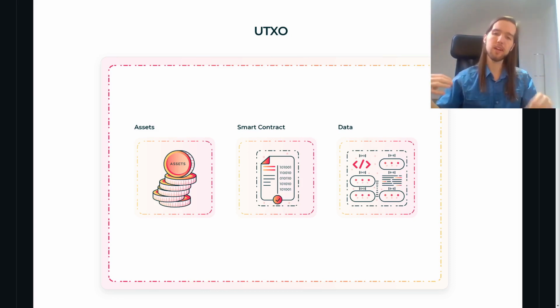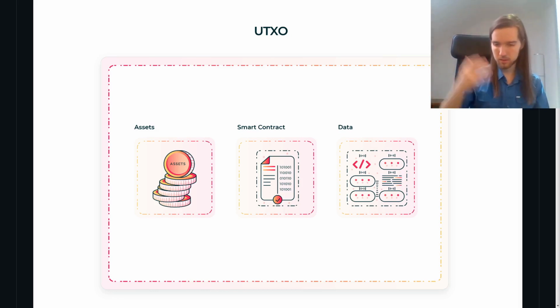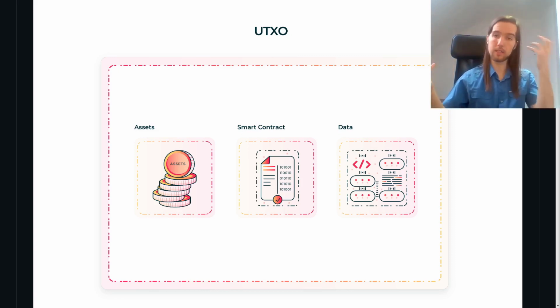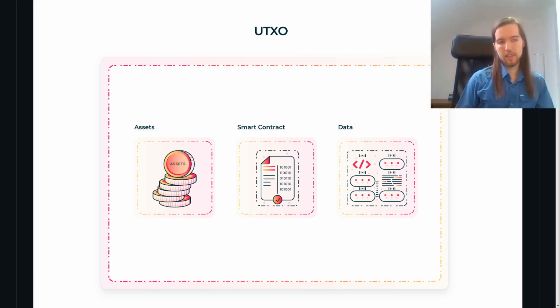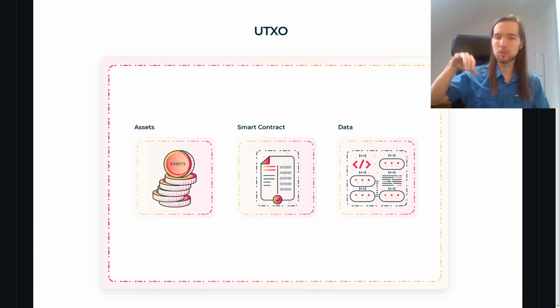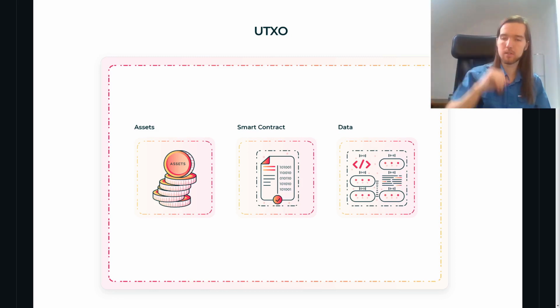And that's all reflected within the data, also known as the datum or registers, respectively in Cardano and in Ergo. And that's where you keep the state and update the state. And this is novel compared to Bitcoin because that wasn't even possible in Bitcoin. UTXOs didn't have this state which can interact with Bitcoin script. But we now have that in the UTXO model.